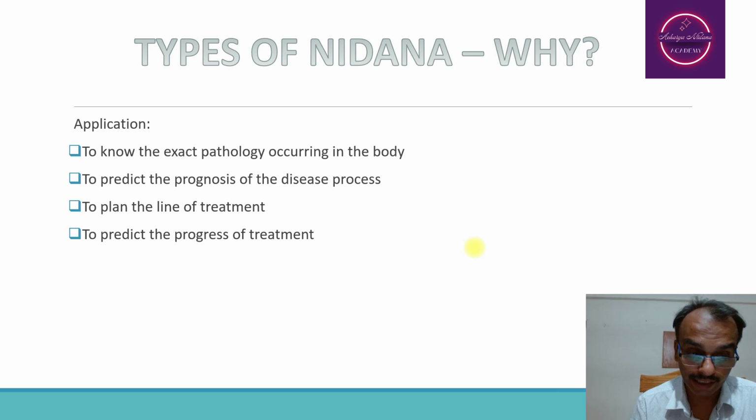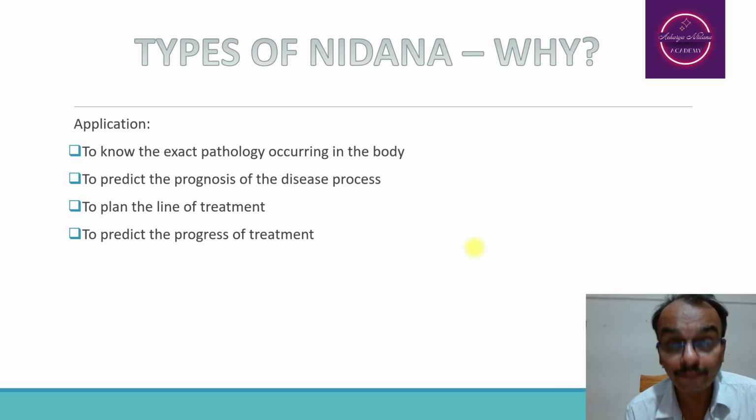To plan the line of treatment: suppose the pathogens are entering into the alimentary canal, as per Ayurveda, the elimination will take place through the alimentary canal, either through the oral route or through the rectal route. Suppose the entry of pathogens happens through the skin, maybe a trauma has happened. In that situation, you look at the area where the injury has happened.